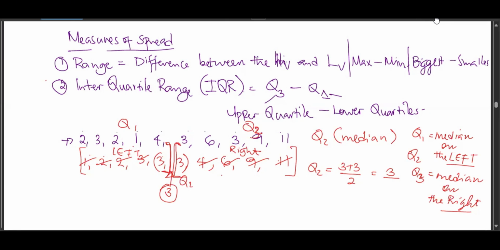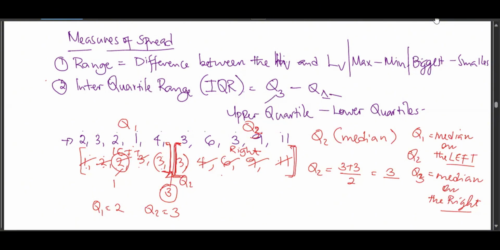How many numbers do we have on the left? We have 5 numbers: 1, 2, 3, 4, 5. For 5 numbers, definitely you're going to get a definite middle number, which is 2. So this becomes your Q1. Q1 equals 2, Q2 equals 3. Then we come to the right and look for the median.